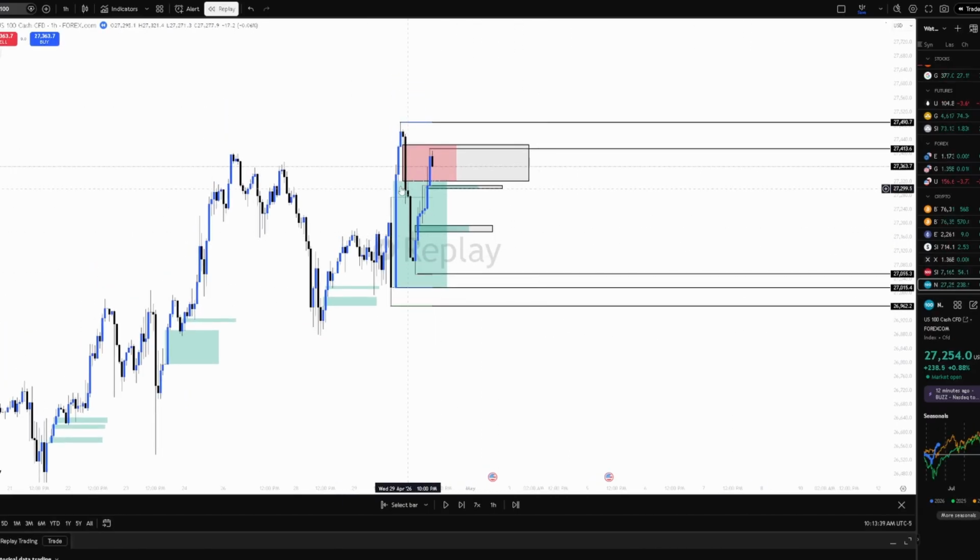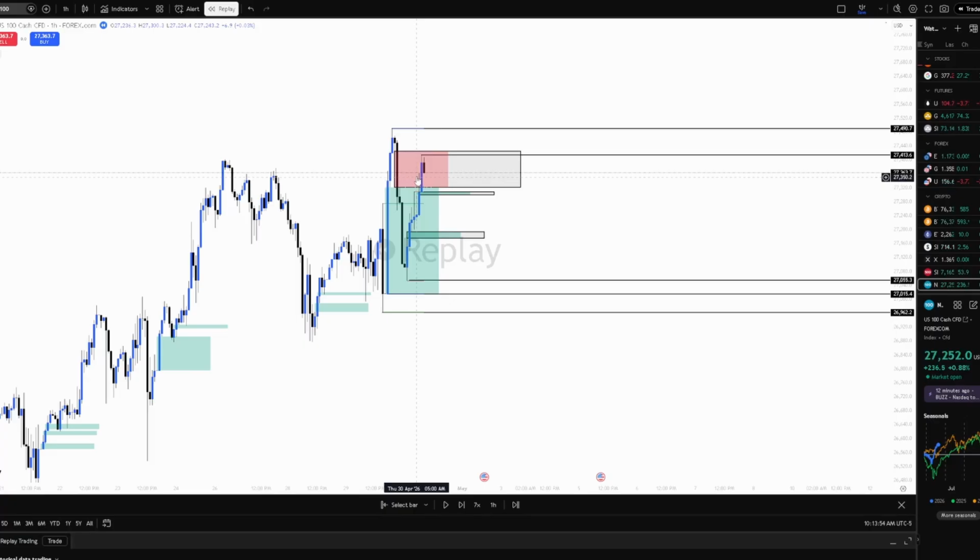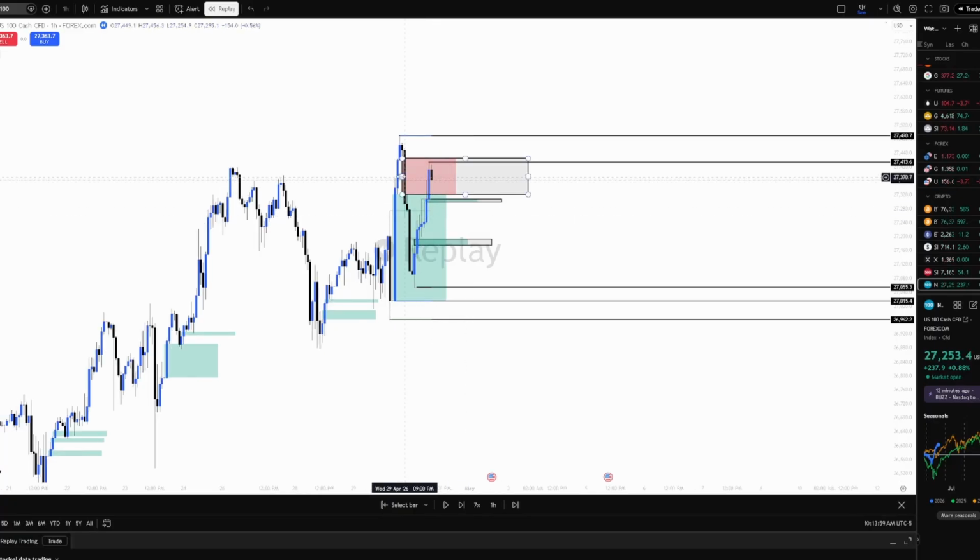And another reason why I'm leaning more towards bearish is because we've had 1, 2, 3, 4, 5, 6, 7 one hour bullish candles. So immediately right now I'm thinking we're bound to get a bearish candle eventually.